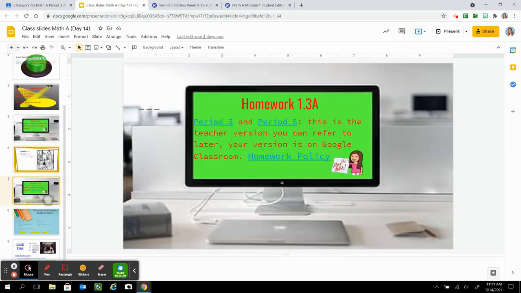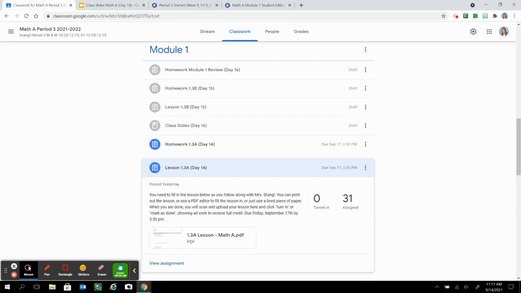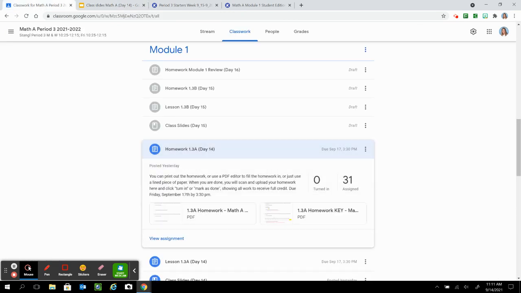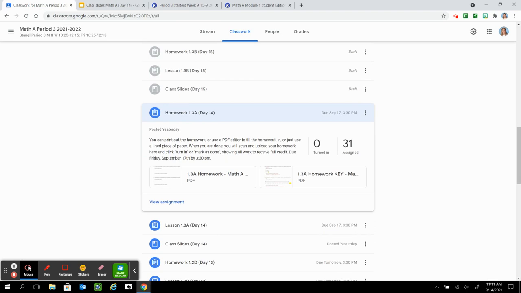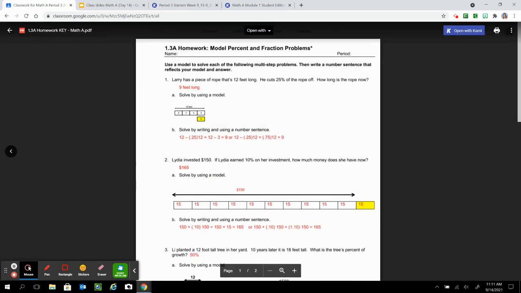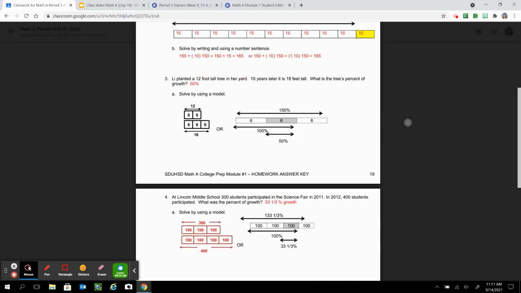You can take a quick break, and then after the break, I want you to work on homework 1.3a. If you go to homework 1.3a in your Google Classroom, underneath the module 1 topic, you'll see that in the instructions of the assignment, there is a key that will help you complete the homework today. If there's something that you don't understand or you need a reference to, please use the key as a guide to help you.